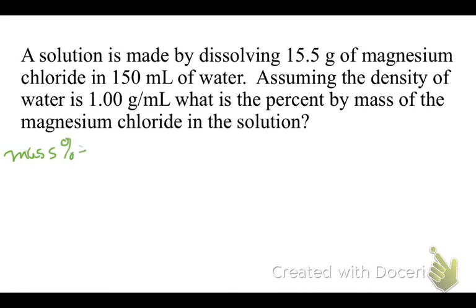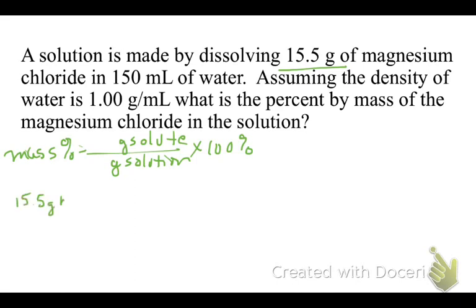Remembering that mass percent is grams of solute over grams of solution times 100%. I'm given 15.5 grams of magnesium chloride. I'm given that I have 150 milliliters of water, and that the density of water is 1 gram in 1 milliliter.